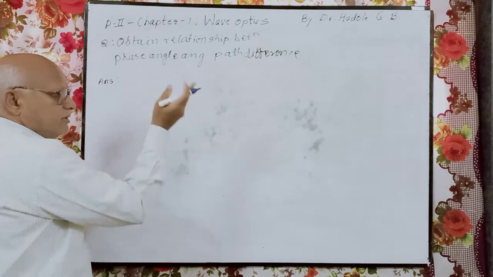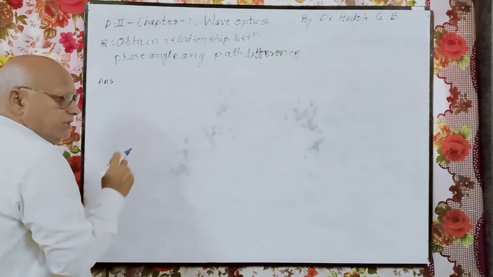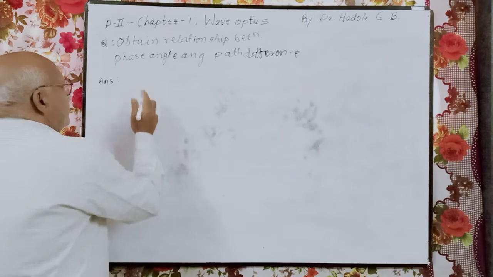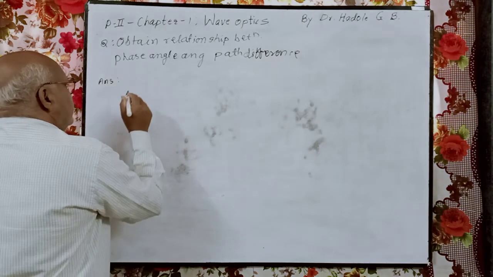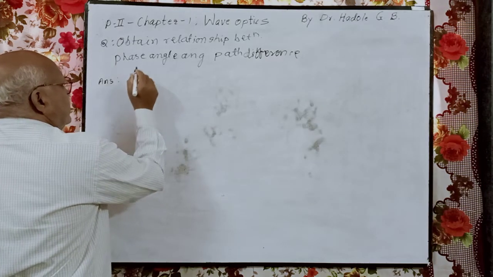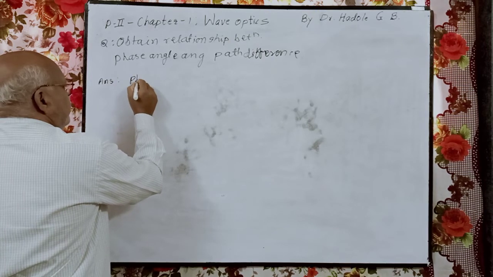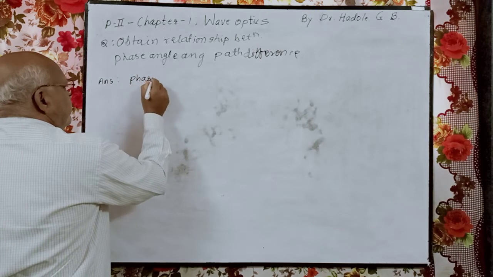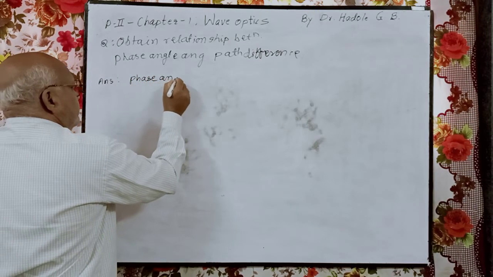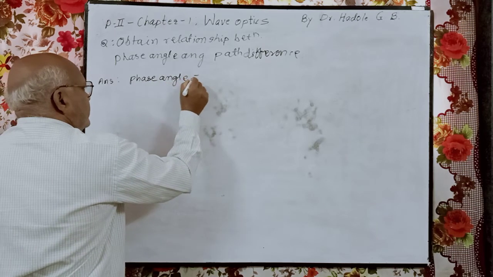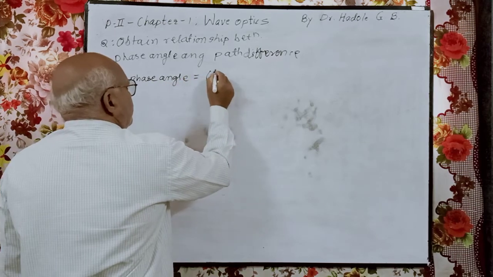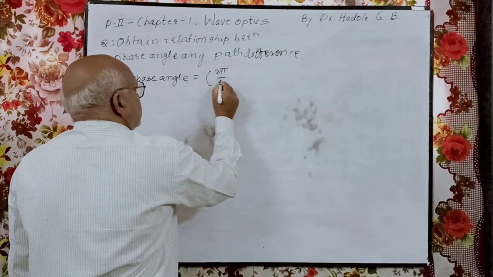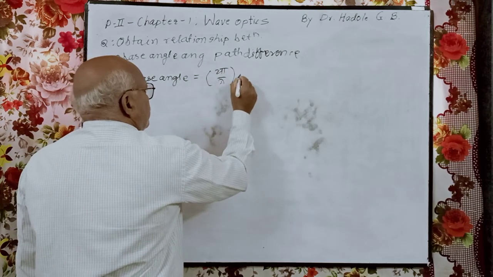By solving some of the examples which we have learned yesterday, we get the relationship between the phase angle equal to 2 pi by lambda into path length.